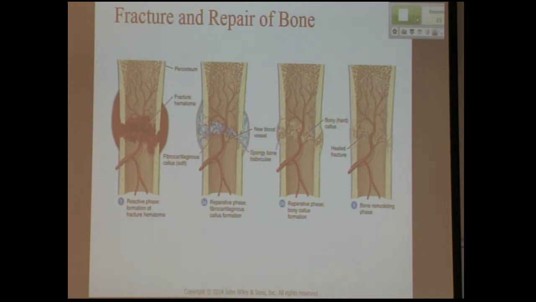So if you remember, your bones do have lots of blood vessels in them to supply that marrow and supply the cells of the bone. So if you do break your bone, there is blood that's going to come out. So you get a hematoma, you get a clot. And then the first step to repair it is to make a fibrocartilage callus, or it's really just a scab, but inside your body on the bone.